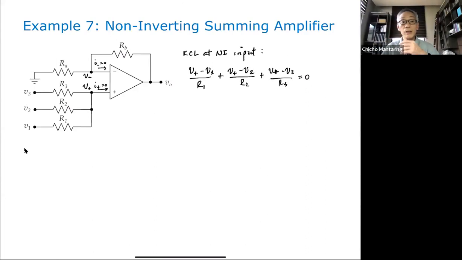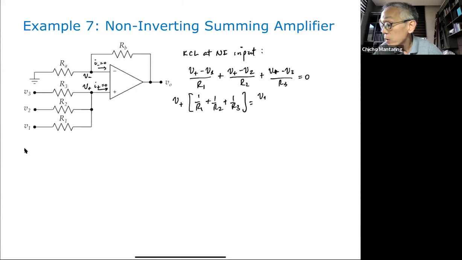So this is V plus. We can solve for V plus. V plus multiplied by 1 over R1 plus 1 over R2 plus 1 over R3 is going to give me V1 over R1 plus V2 over R2 plus V3 over R3.